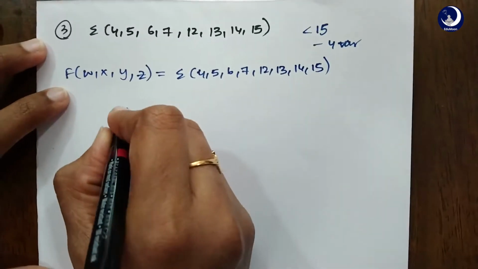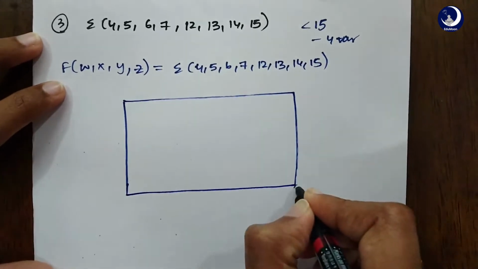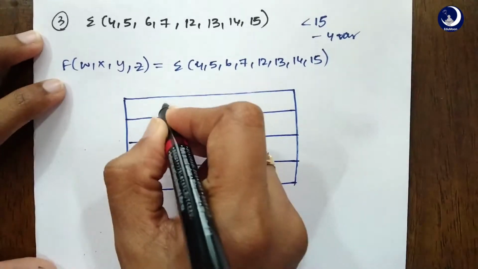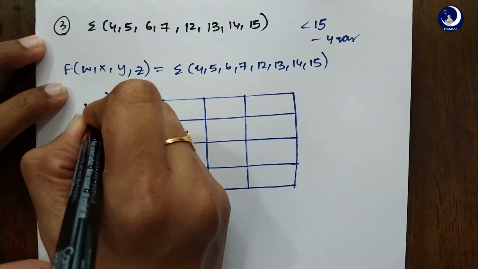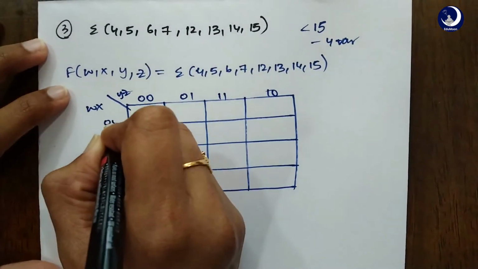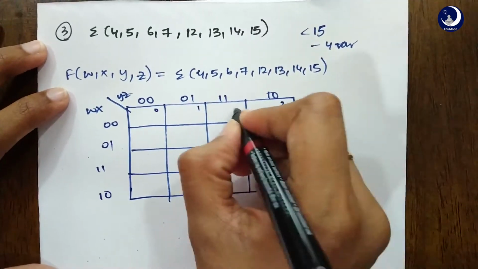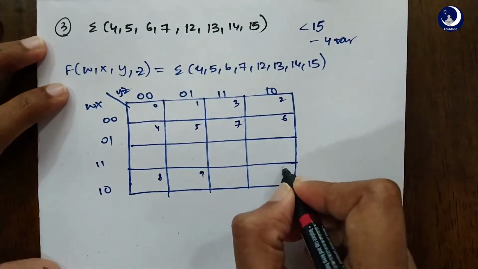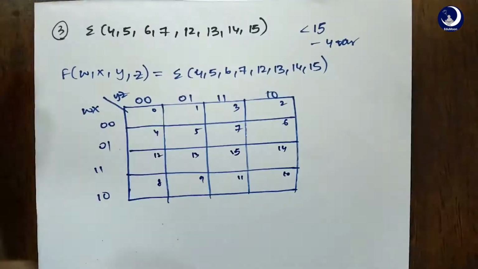Now start drawing the K map. Carefully mark these cells 0, 1, 2, 3, 4, 5, 6, 7, 8, 9, 10, 11, 12, 13, 14 and 15.